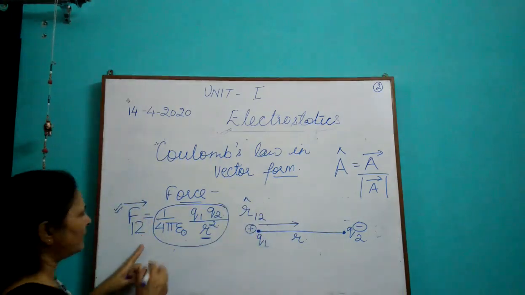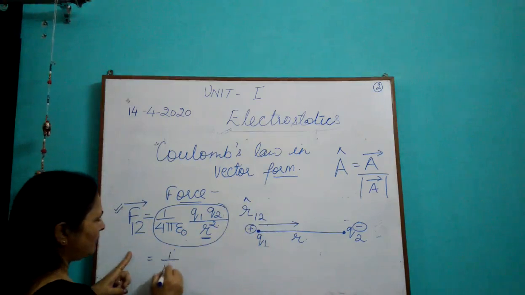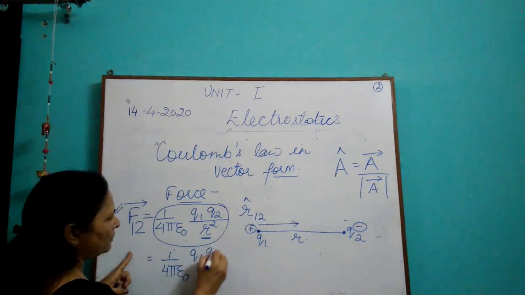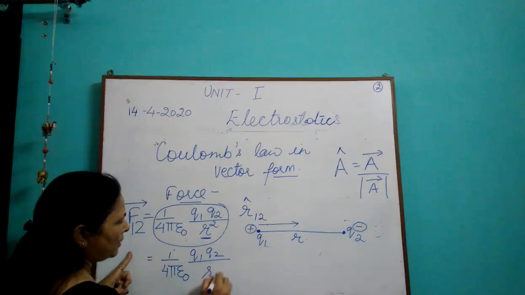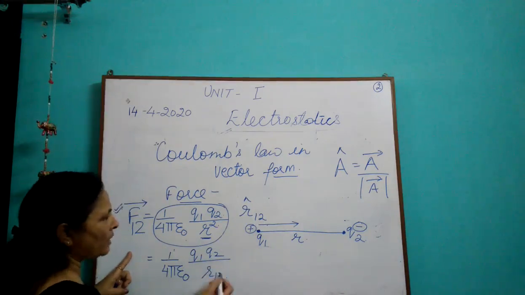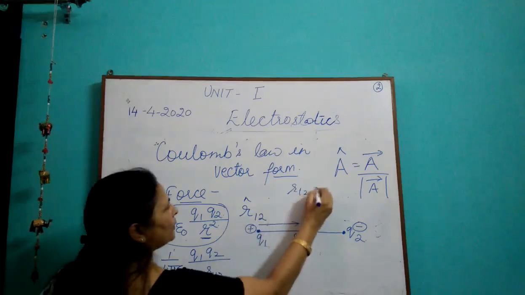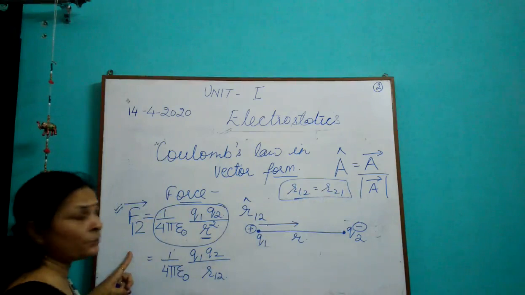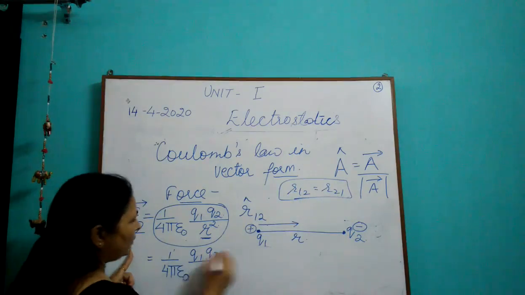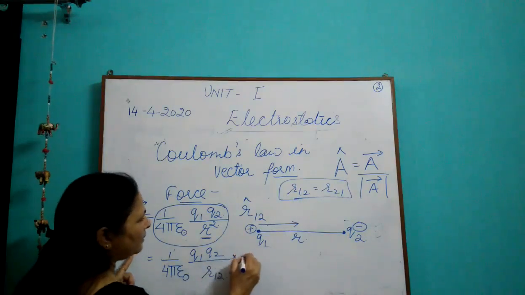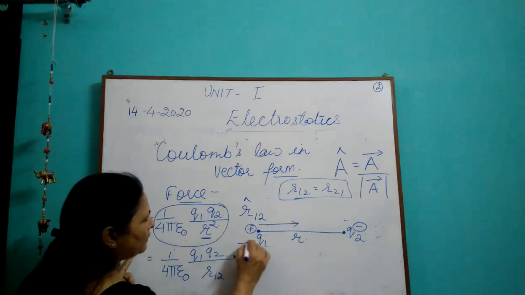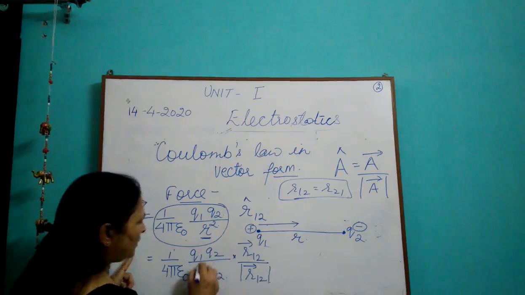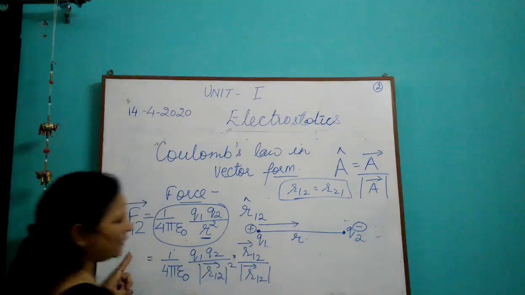And this can be written as 1 by 4 pi epsilon naught Q1 Q2. I can use here now R12, because R12 is also equal to R21. They are the same as far as the magnitude is concerned. Multiplied by R12 vector divided by its magnitude, and here also it will be squared like this.